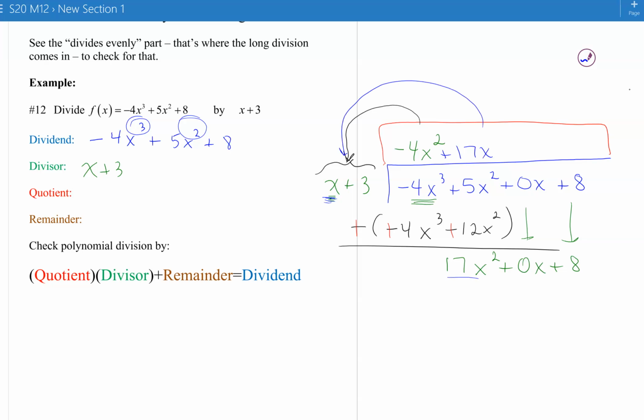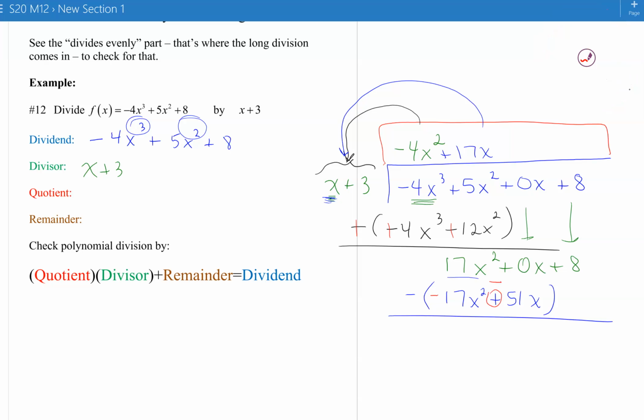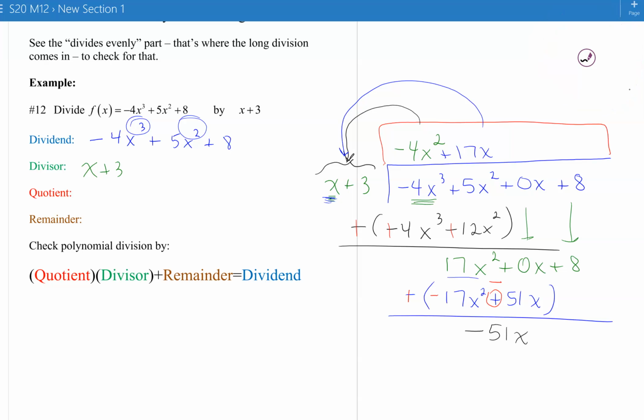Then I distribute the 17x to the x plus 3 and get 17x squared plus 51x, and I'm subtracting. So recall that subtraction means add the opposite. So the 17x squareds will cancel. And I will have negative 51x plus 8.